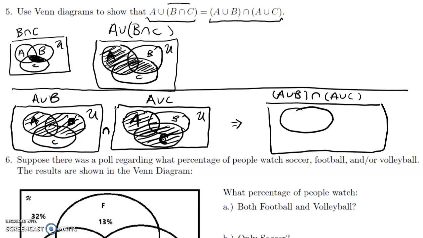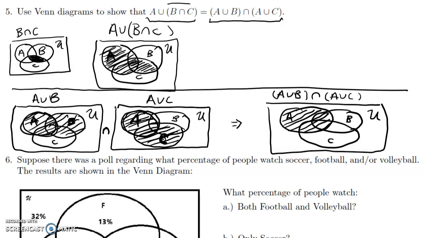So we're going to take a look at the regions bit by bit and take a look at what is shaded in both of them. So we've got A, B, and C. If we take a look at both pictures, one thing that's shaded in both of them is this full circle for A. Notice that's shaded in both pictures. So let's shade it in our intersection picture. And then let's see, is there anything more that's shaded in both pictures?